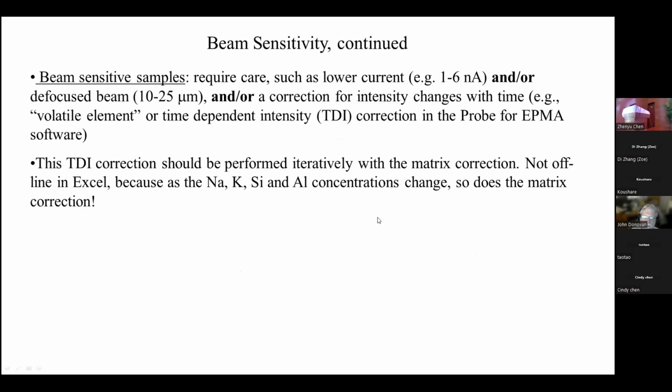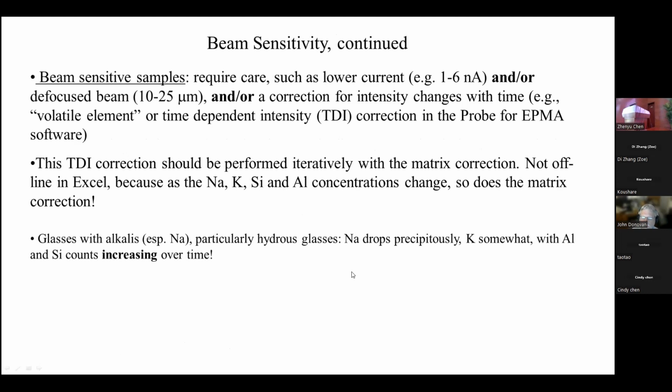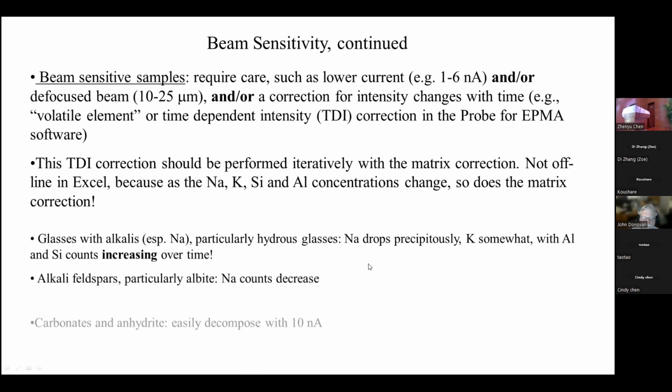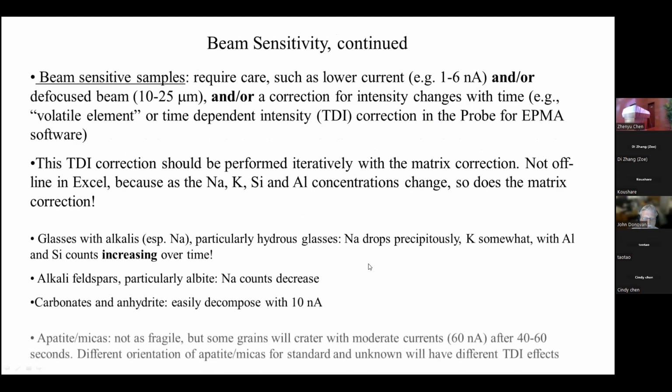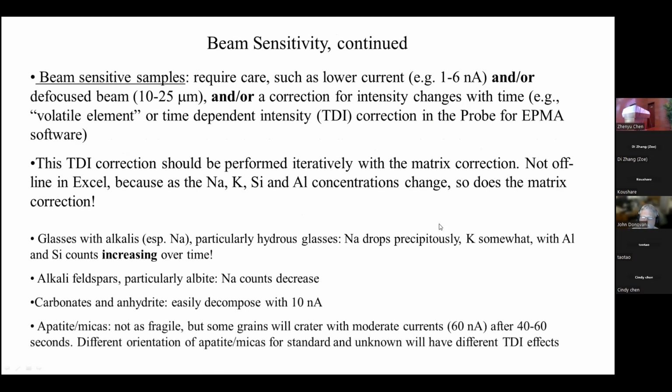So this is just the things you need to do. Some of you know this, some of you may not, but it's important to do. And beam sensitivity is very often encountered, especially in carbonates and hydrous materials.